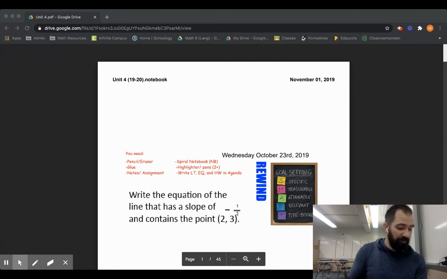Then we have what's called the additive inverse property. The additive inverse property equals 0, and what you're doing is adding the opposite.